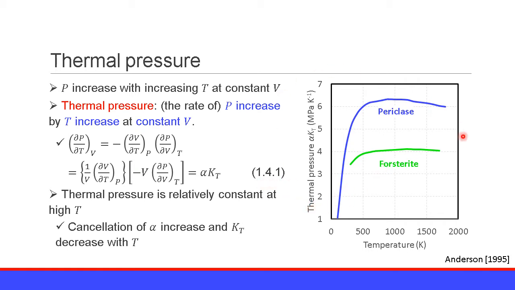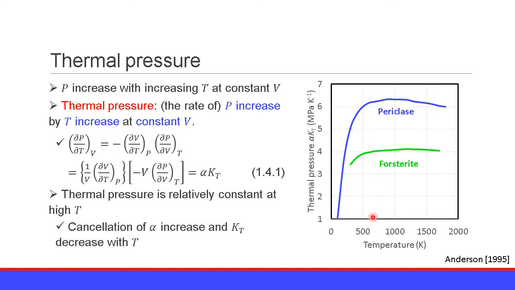This diagram shows the thermal pressure, namely the product of the thermal expansivity alpha and the isothermal bulk modulus Kt of periclase and forsterite with increasing temperature at ambient pressure P0.